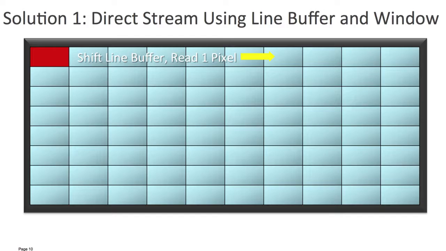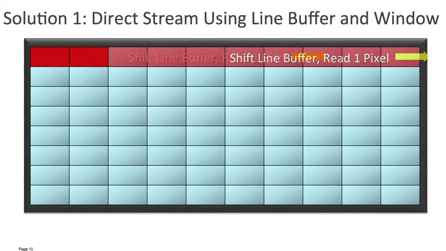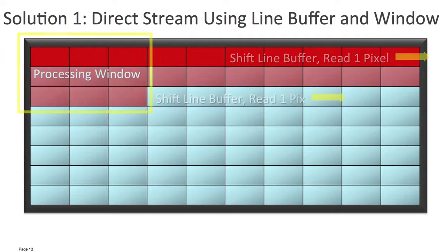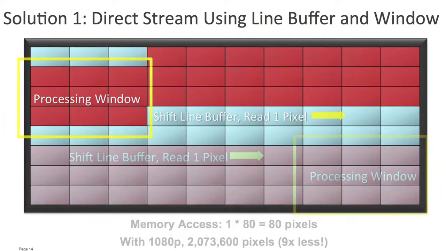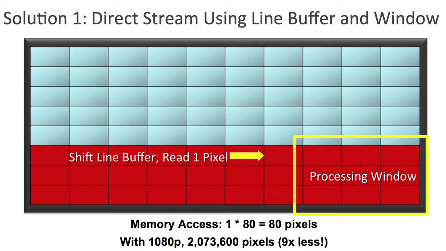Now, let's see how this can be optimized for hardware by using a shifting line buffer and a shifting 3x3 window. With this technique, you stream in the input video one pixel at a time and shift the buffer until enough data is buffered so you can apply a 3x3 filter on it. This way, you only read each pixel once and in a sequential order, resulting in an extremely efficient hardware implementation.